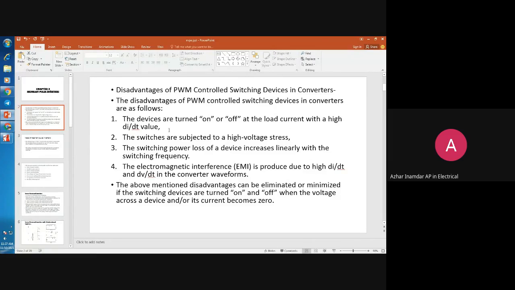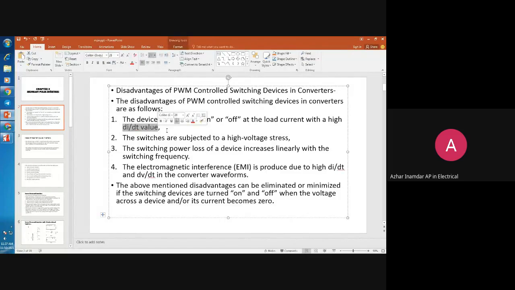And the switching devices in the converters with a pulse width modulation control can be gated to synthesize the desired shape of the output voltage or the output current. Also, these devices are turned on and turned off at a load current with having high di by dt value.